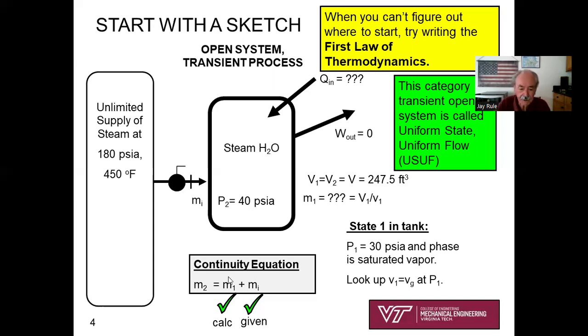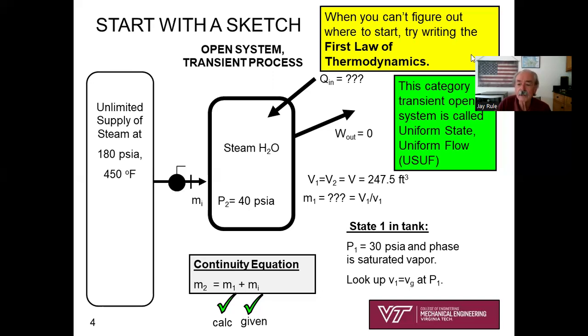It says that m2, the final mass in this tank, is equal to m1, the initial mass, plus the mass that came in. And so on my sketch, I made a little check mark: mn, well, that's given, and m1, that's going to be pretty easy. m1 is simply going to be the volume of the tank given divided by the specific volume initially, and we can look that up. So that's going to be pretty easy to find m2.